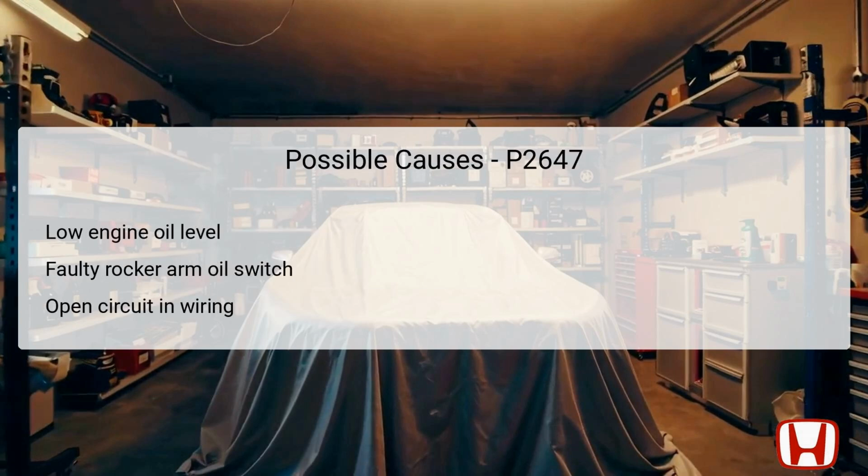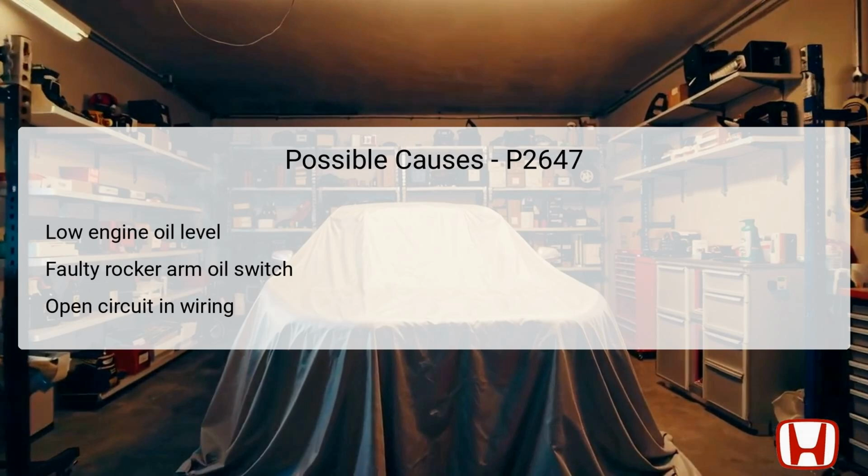Several potential causes can lead to the triggering of DTC P2647. First, a low engine oil level can impede the function of the rocker arm oil pressure switch, potentially causing it to provide inaccurate readings. Secondly, a faulty rocker arm oil pressure switch itself may result in a high voltage signal, prompting the DTC to trigger.